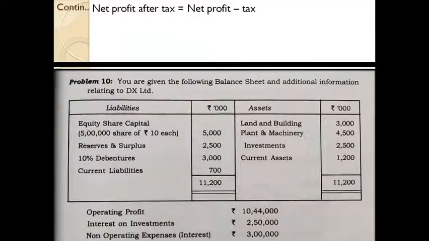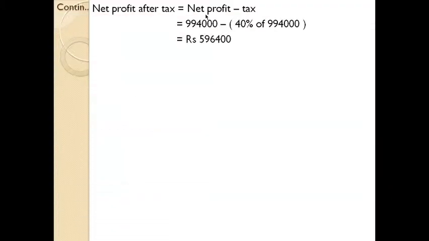Here net profit is 9,94,000, so just take 40% of 9,94,000 and you will get the tax amount. By deducting the tax amount, you will get the net profit after tax as 5,93,400. Now you can substitute the same amount in the equation, and we now have the numerator part.